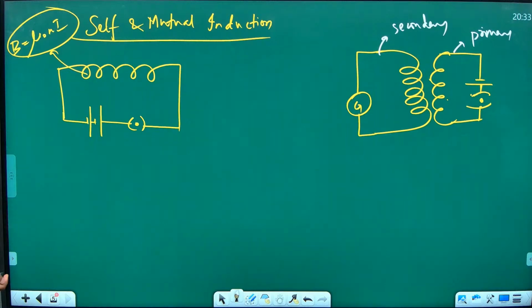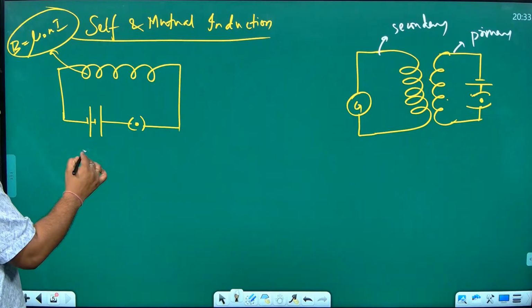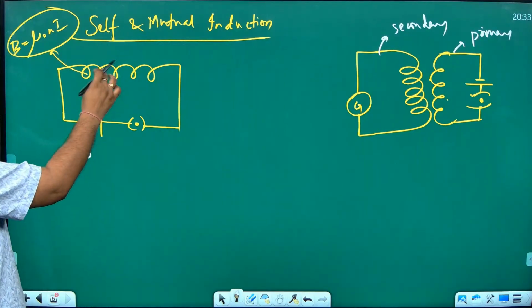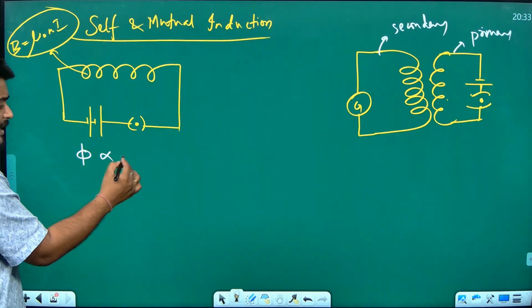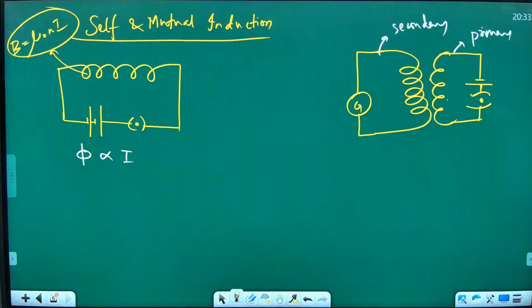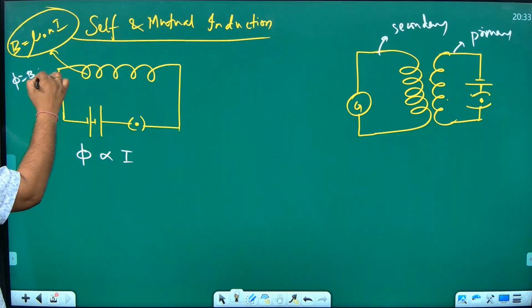Okay. Now, coming back, please pay attention to the mathematical part of it. You should realize that how much flux is produced in the coil directly depends upon the current in the coil, because B is equal to mu naught Ni, the current determines the magnetic field, and phi is equal to BA cos theta.